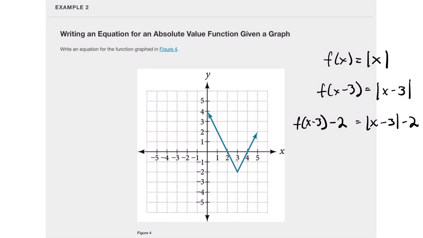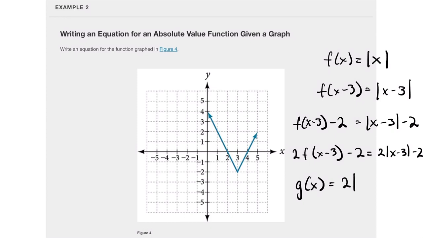To capture that vertical stretch, we're multiplying the y values by 2. So it should be 2 times the absolute value of x minus 3, minus 2. We'll just call this g of x, for whatever the one they have. It should be 2 times the absolute value of x minus 3 and then minus 2.